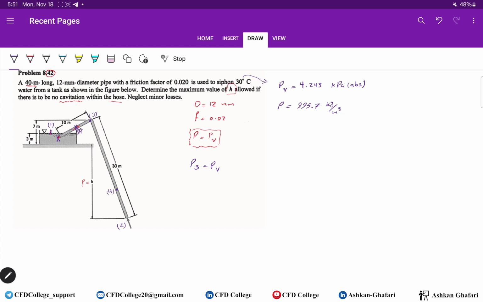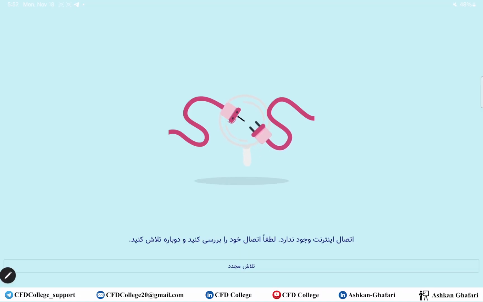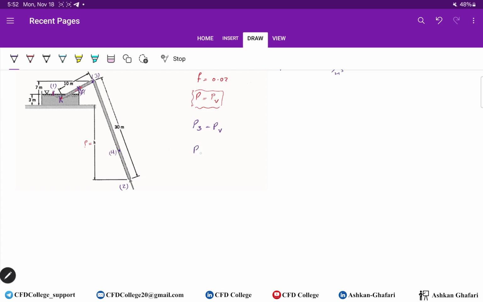Okay, so first we write down the energy equation between point 1 and point 3. So P1 over gamma plus V1 square over 2G plus Z1, there is no pump, equals P3 over gamma plus V3 square over 2G plus Z3 plus head loss, which is FL over D V3 square over 2G.